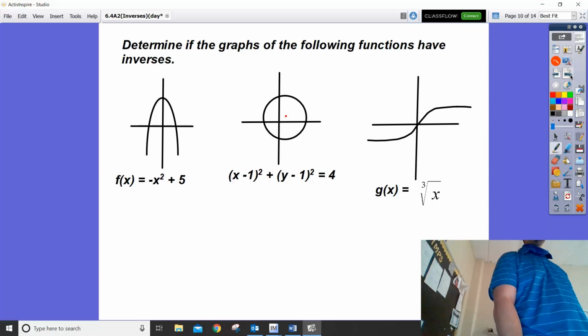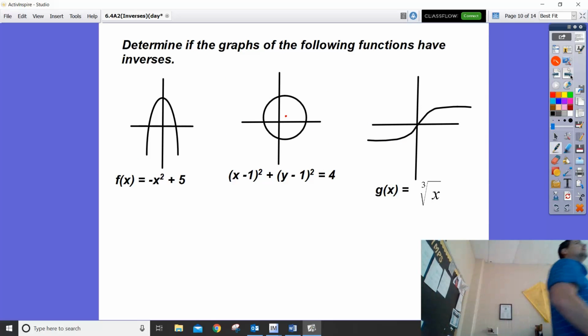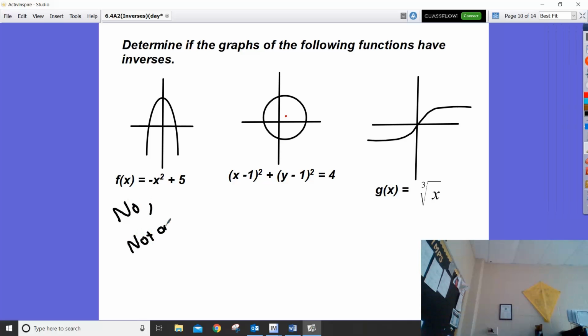Determine if the graphs of the following functions have inverses. How about the first one? No. It's not 1-to-1. Do you know why it's not 1-to-1? Because it doesn't pass the horizontal line test. Failed. I'm going to say HT. I'm getting tired of writing horizontal line test.